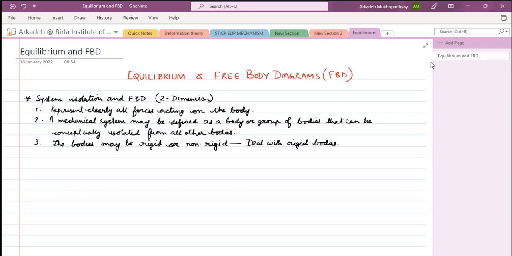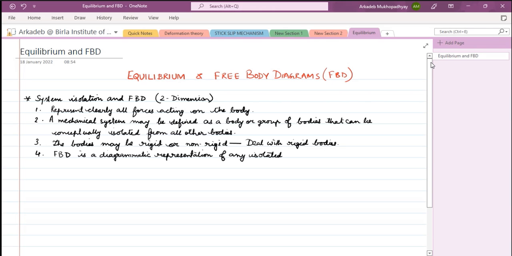Now, the free body diagram is a diagrammatic representation of any isolated system treated as a single body.